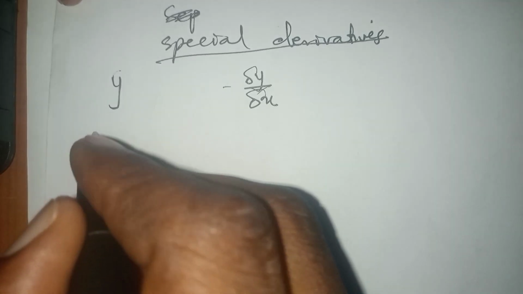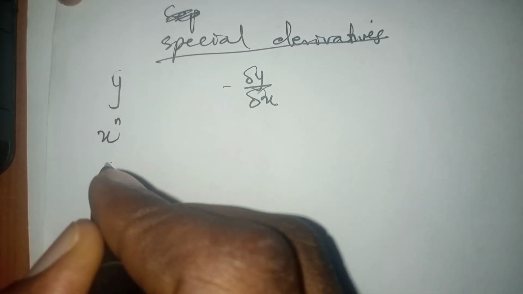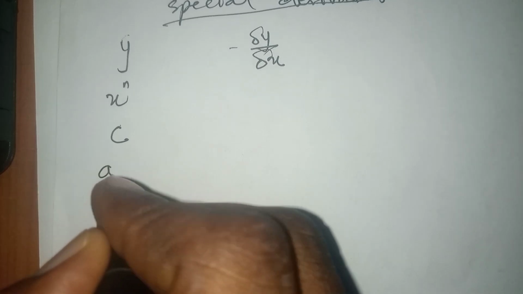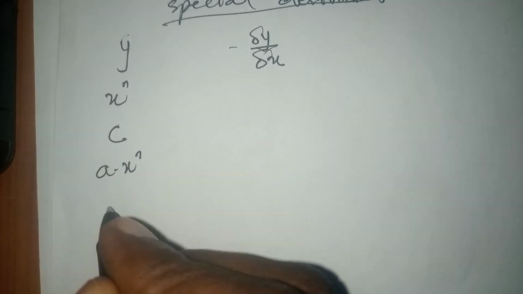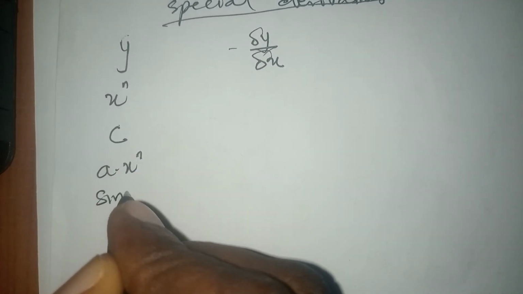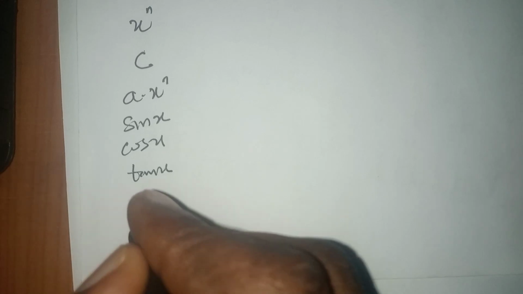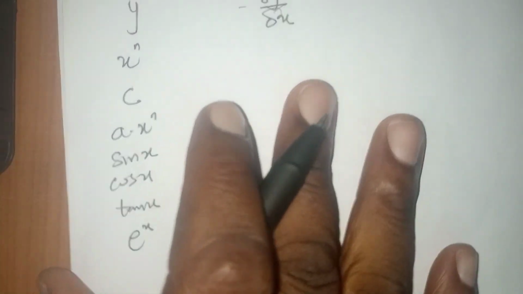The functions are: x raised to power n, a constant, a times x raised to power n, sine x, cos x, tan x and exponential x. These are the basic derivatives you must know, because we're going to apply these derivatives to solve problems.